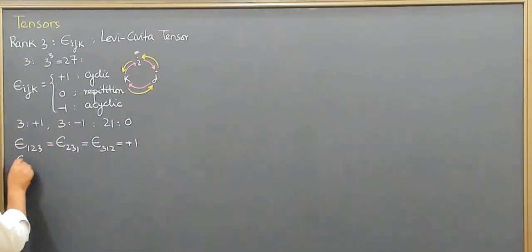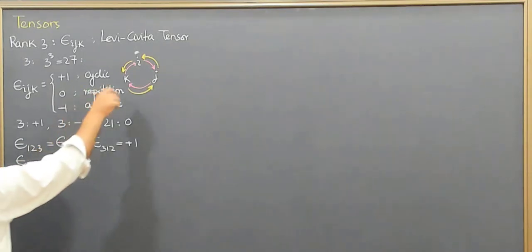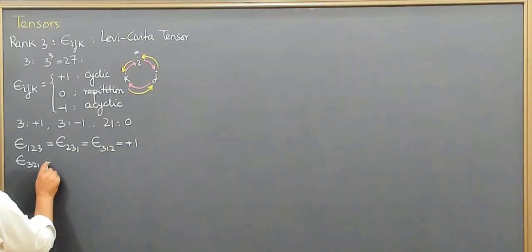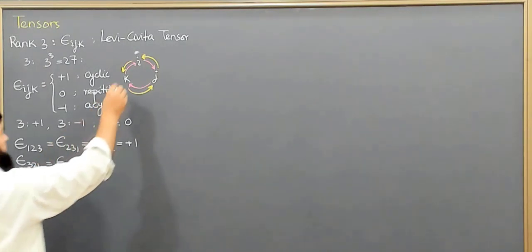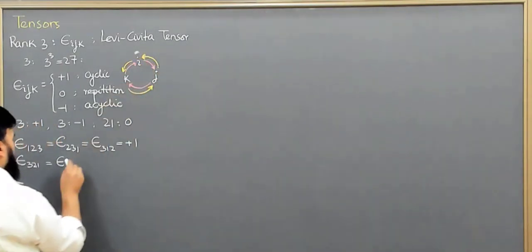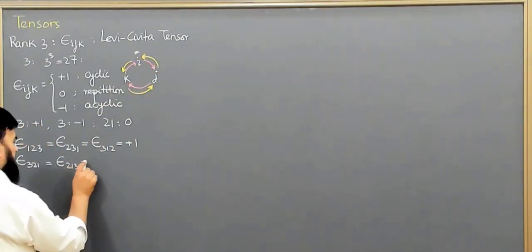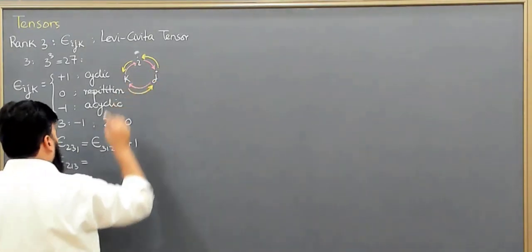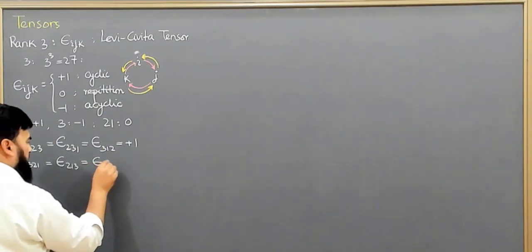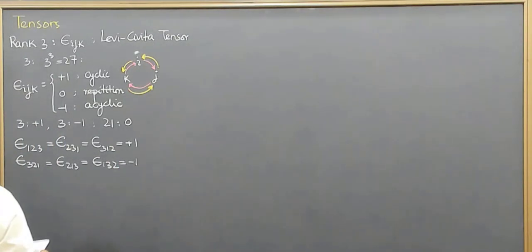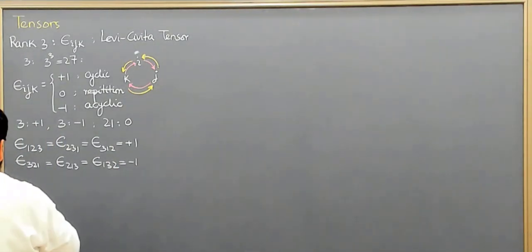And similarly, epsilon 3, 2, 1, 2, 1, 3, and 1, 3, 2 will give us -1. And this is the Levi-Civita tensor.